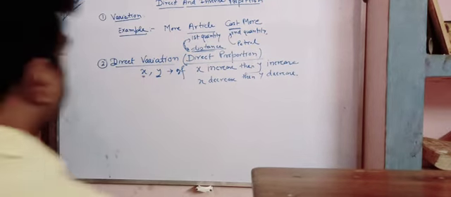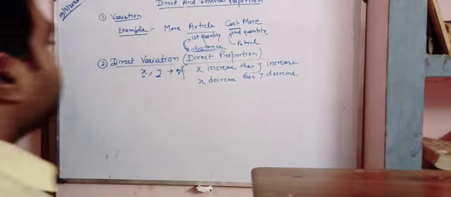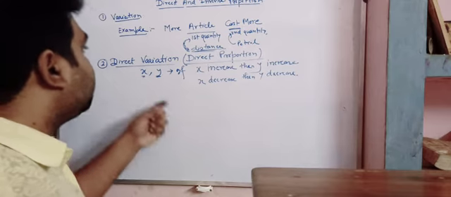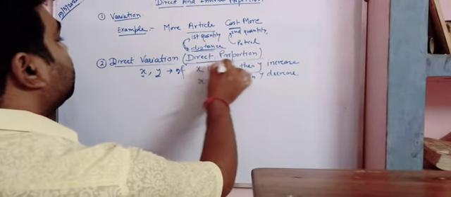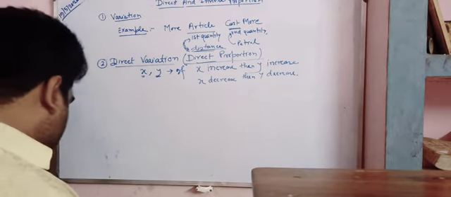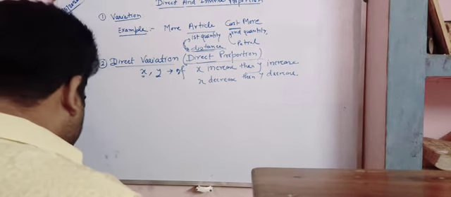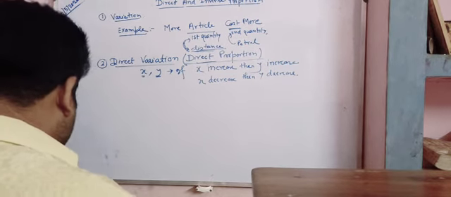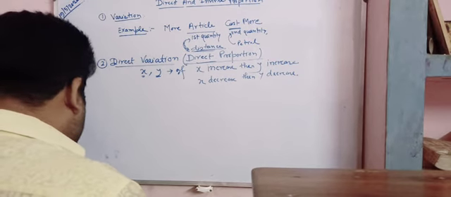So this definition I am telling you from my side. The actual definition is given in your book, but direct proportion is like that. We can say that the value of y increases in such a way that the ratio of x and y remains constant.